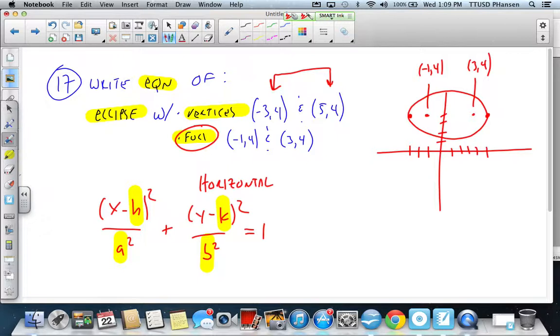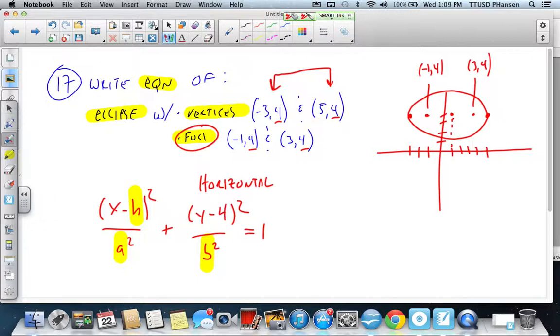Notice in all of these, the 4 didn't change. Therefore, the 4 won't change for h, k. I know it's somewhere right in the middle, and it's definitely up 4. So let's just replace that with a 4.